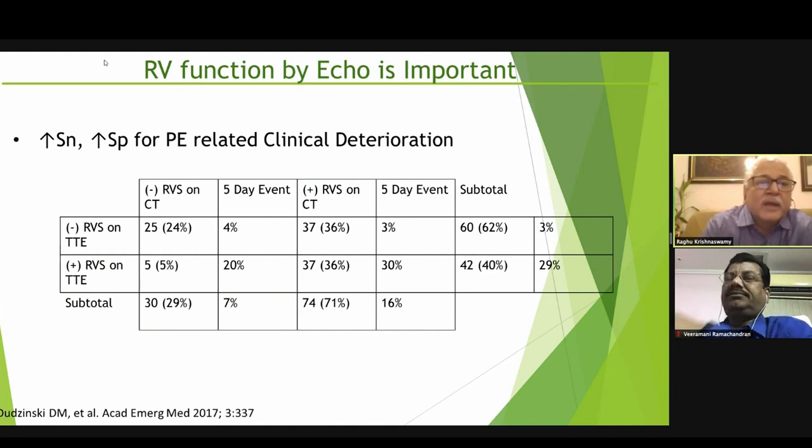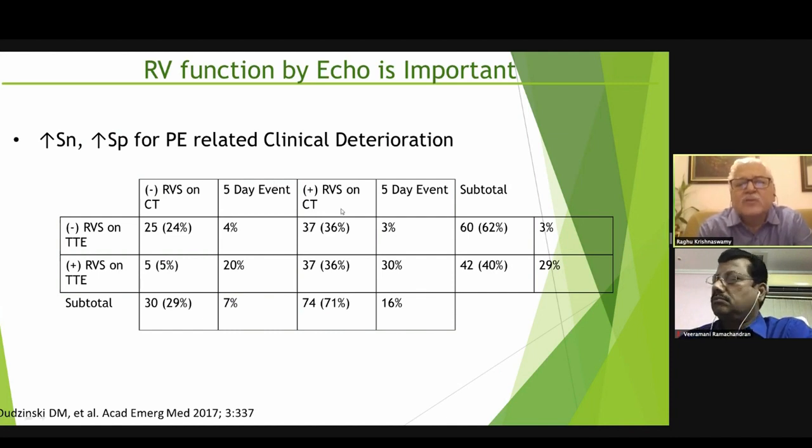Now, if you look at this chart, the sensitivity and specificity of PE relate to clinical deterioration. If you see this chart, when you have right ventricular strain on CT but it is negative on echo, out of the 25 patients, 4 patients had the event. Whereas if the right ventricular strain on CT is negative and echo is also negative, the event rate is only 3%.